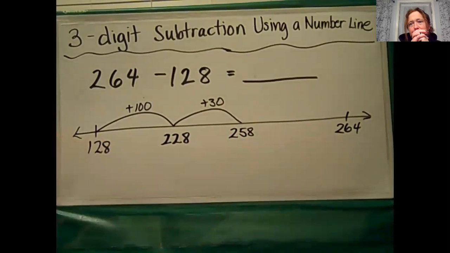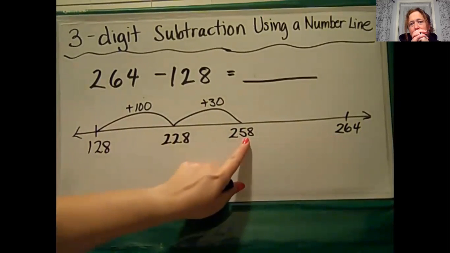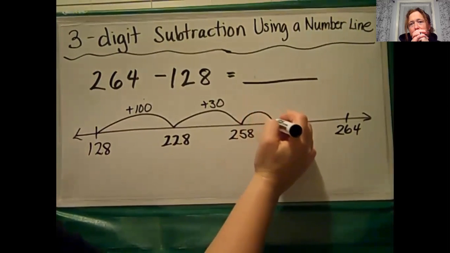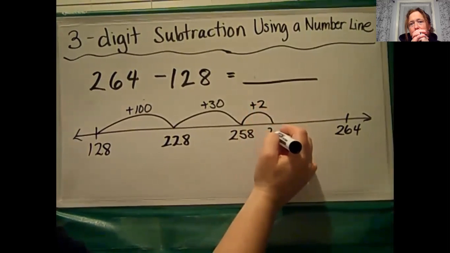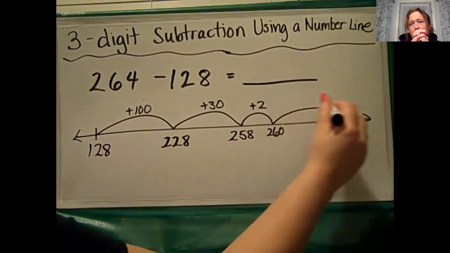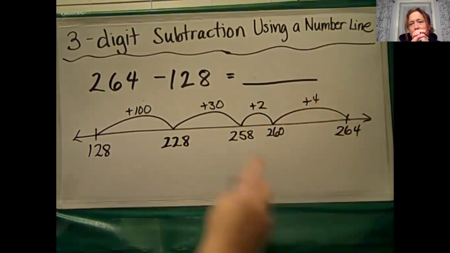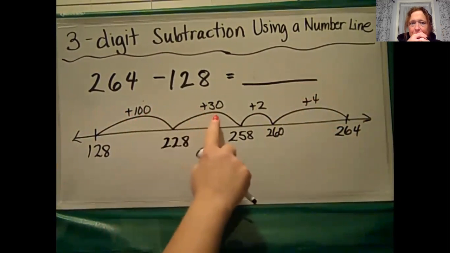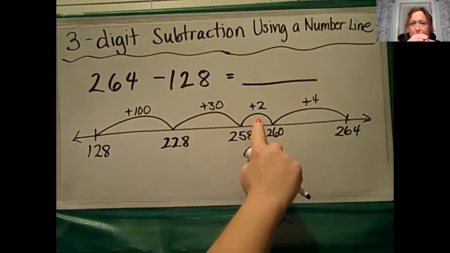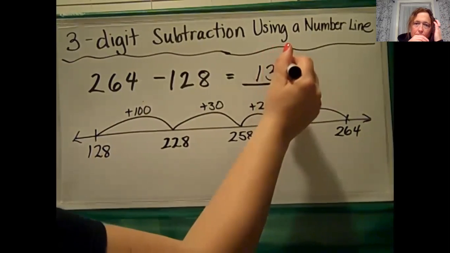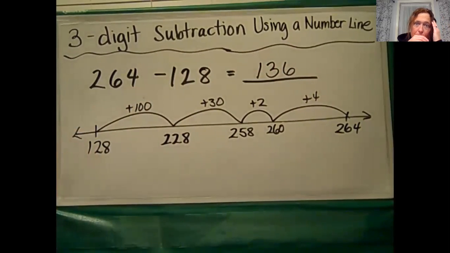I'm getting closer to 264. To make it easier, I know if I hop 2 more, I'll get to 260. So I'm going to add 2. And I land on 260. And now I know I only have 4 more to go. So I'm going to add 4. I'm going to count how many spaces I've hopped. 130, 132, 136. So my missing addend is 136.